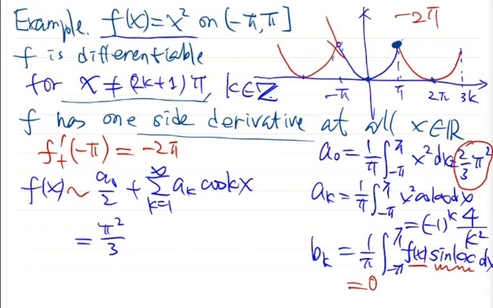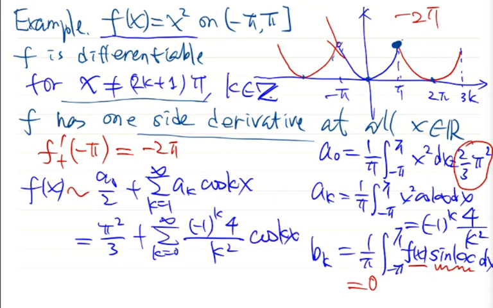Therefore, half of a_0 is pi squared over 3. And a_k is minus 1 to the k over 4 over k squared, so plus the sum of minus 1 to the k, 4 over k squared, then cosine kx. So this is the Fourier series of f.